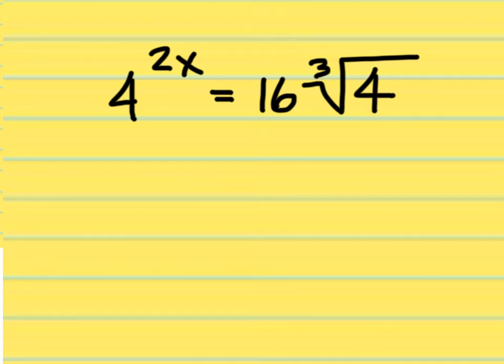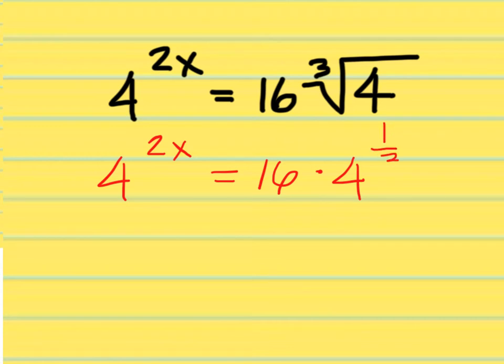Just like when you type it in your calculator to solve or evaluate this. So we'll keep 4 to the 2x the same. But for the cube root of 4, remember that's the same as 4 to the third power. So we have 4 to the 2x equals 16 times 4 to the third.